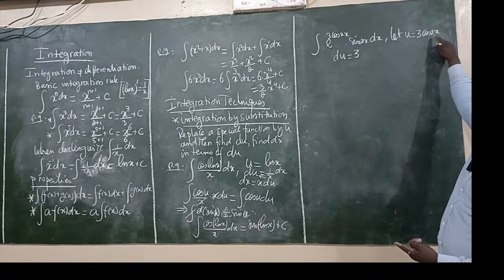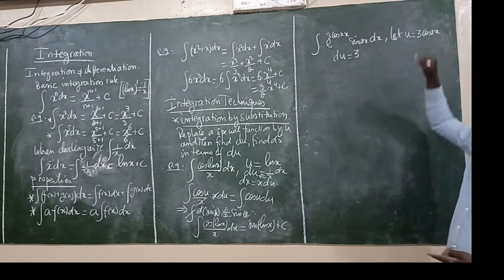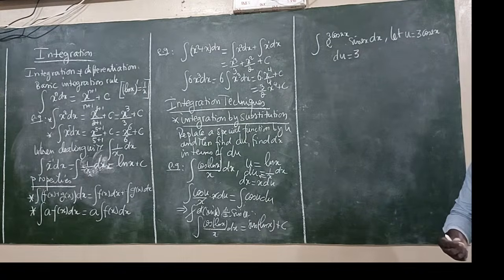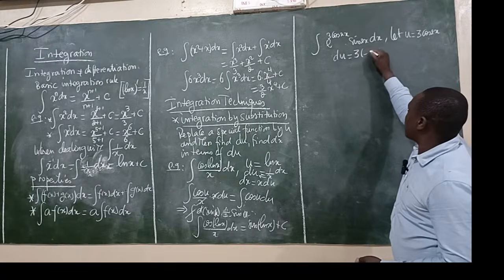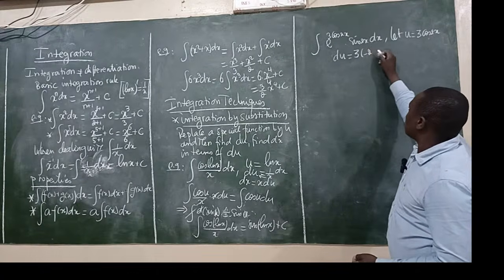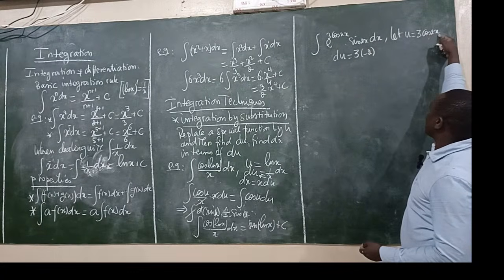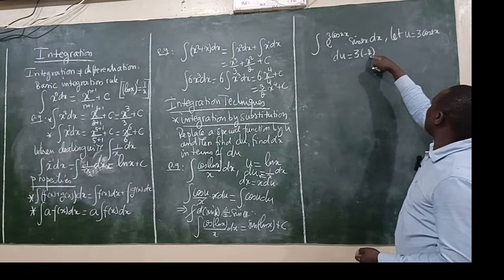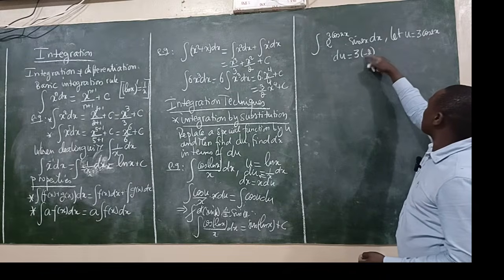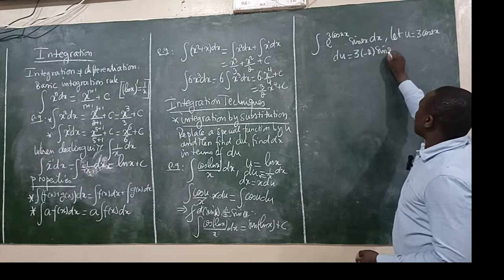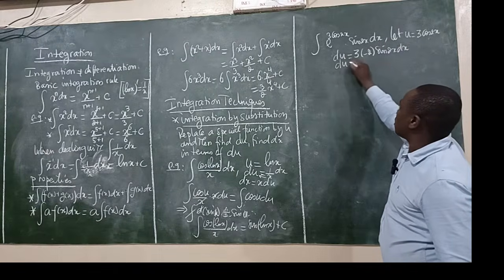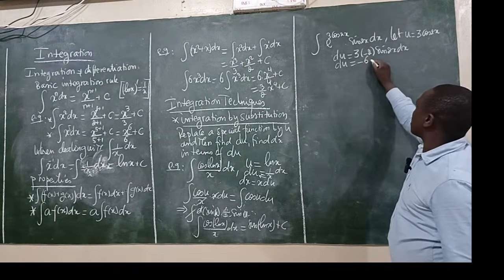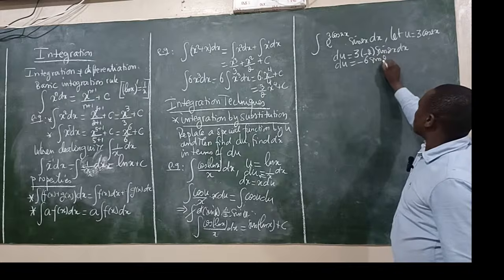The derivative of cosine, you know, is minus sine. That's why here we have minus 2, the derivative of the 2x, times the derivative of cosine, that is minus sine 2x dx. Du here is minus 6 sine 2x dx.